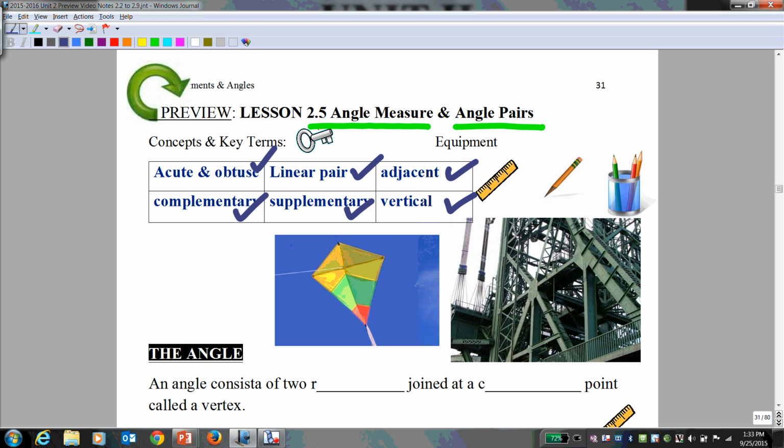So by the time you're done with this lesson, you need to be familiar with all those terms. You see angles everywhere, all kinds of different ways. So we're going to be talking about how to spot and use angles.